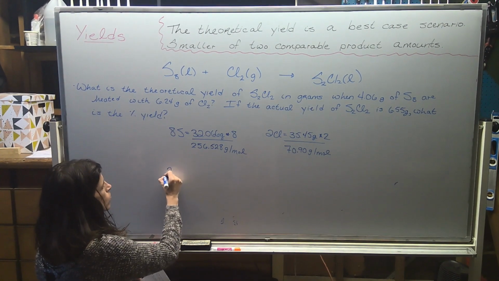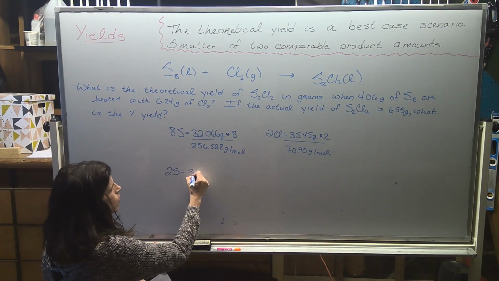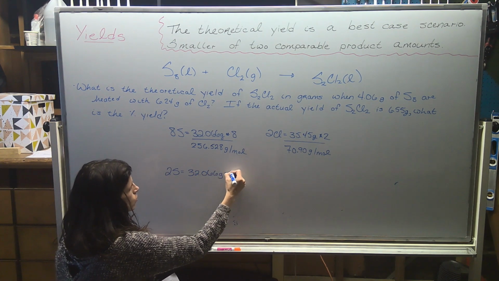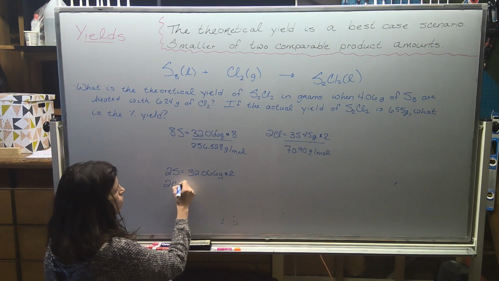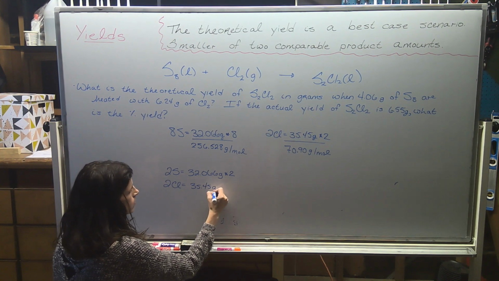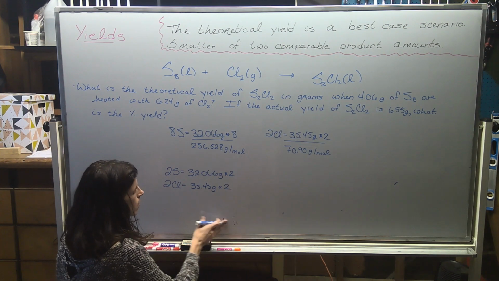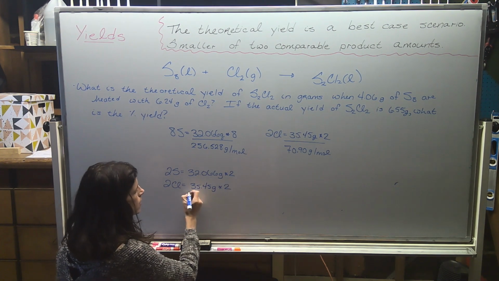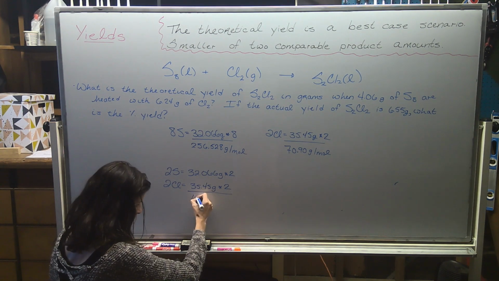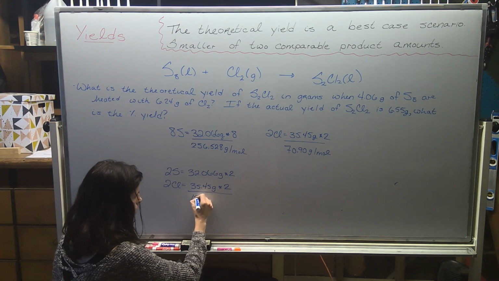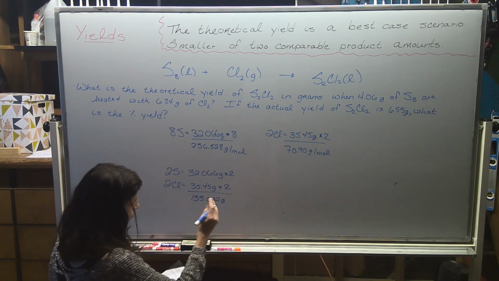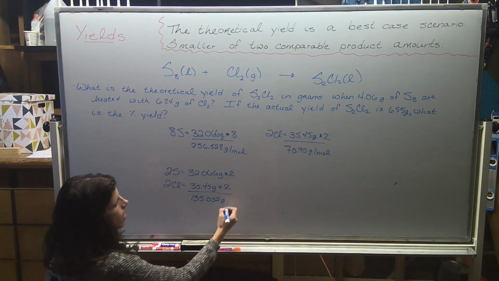So I'm going to do 2 of those sulfurs, 32.066 grams times 2, and then 2 of the chlorines, 35.45 grams times 2. I multiply first, and then I add those up for a molar mass of 135.032 grams for the disulfide dichloride.